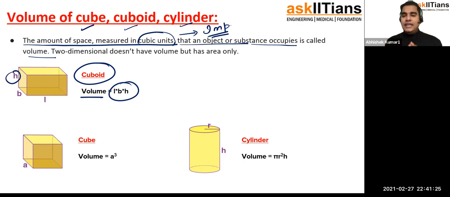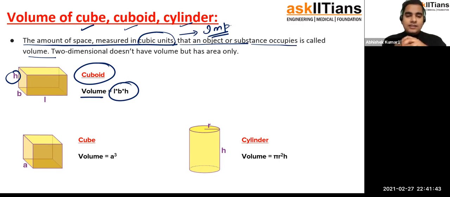The area of one rectangle is L into B, and for H rectangles, the space occupied will be H multiplied by L into B.